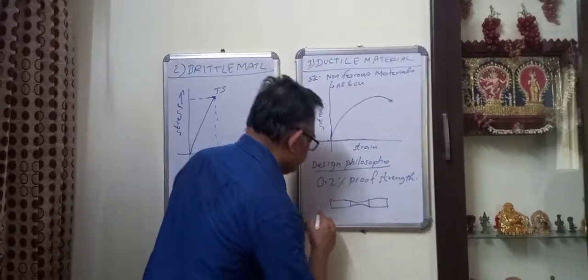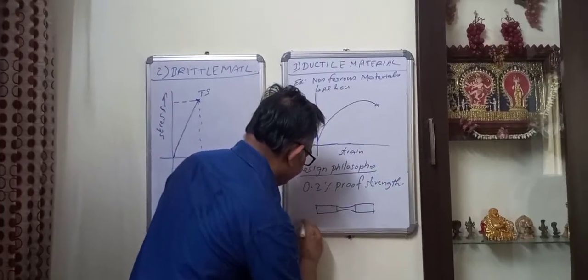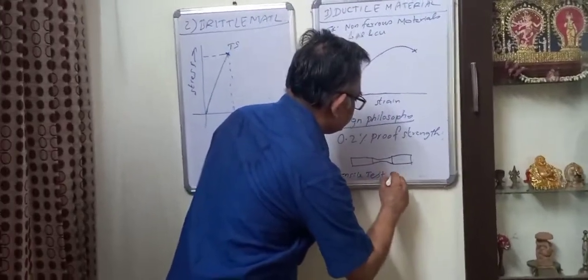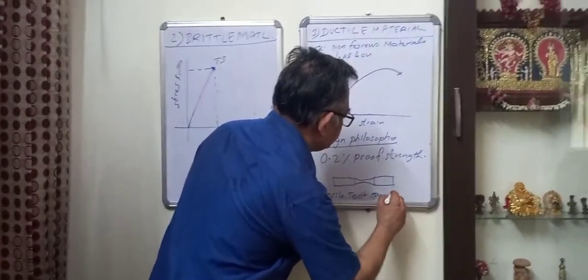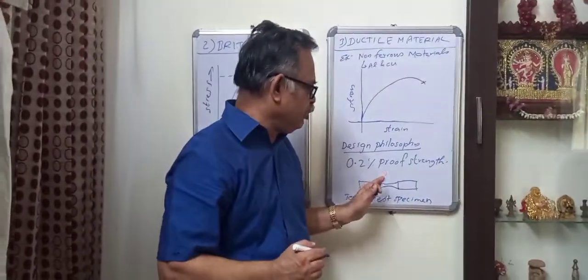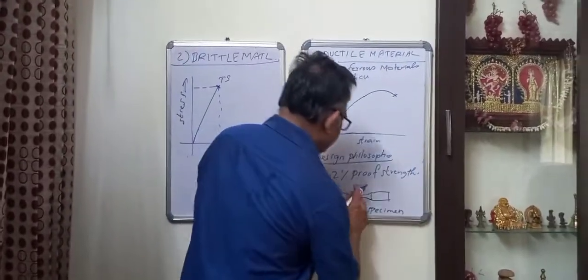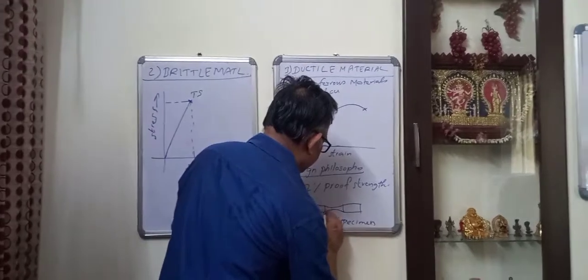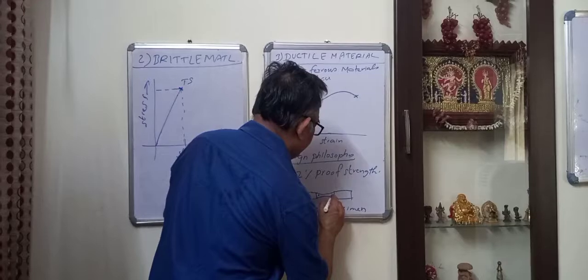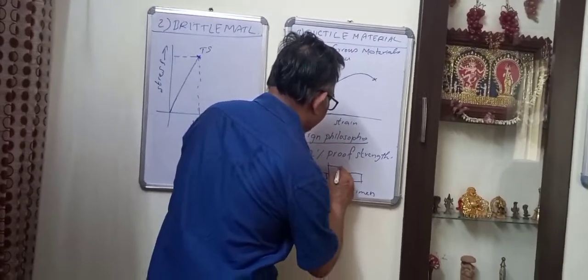This is the tensile test specimen. For each case, for the size of the tensile specimen, there is a term called gauge length. In the deforming region, where elongation is taking place, a term called gauge length is defined.